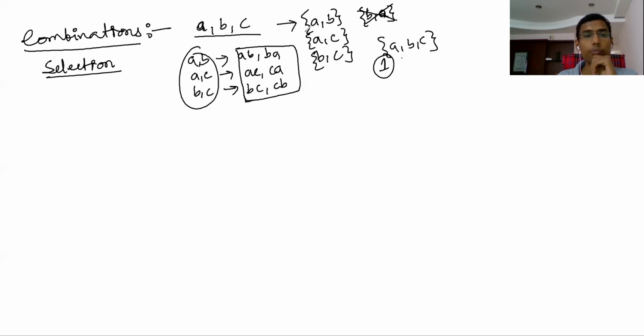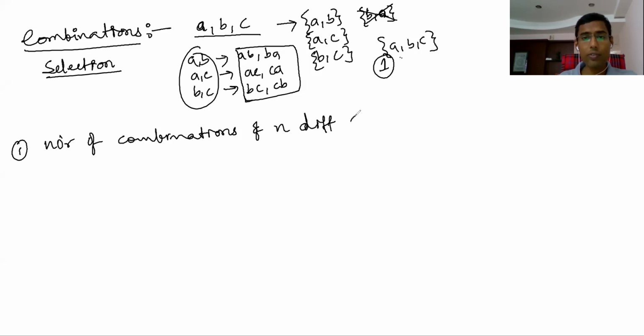Okay, now we'll come to the first thing. The number of combinations of n different objects taken r at a time.